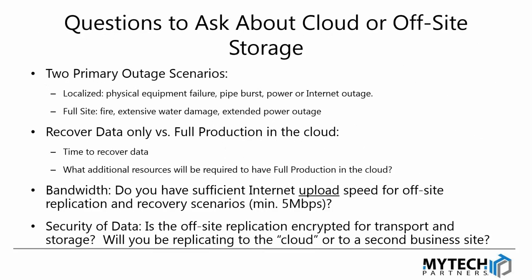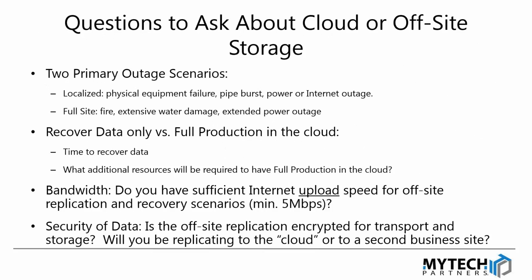Security of the data. Just to wrap up, when you're going to your off-site, we've talked about how we're going to decide: is that going to be multi-site? Is that going to be another branch office that I have? Is it going to be a cloud provider? Once again, understand both the regulatory compliance and the guarantees that the various providers can give us regarding the protection at the auxiliary site, whether it be in the cloud or not, and also how that data is protected while it's in flight.